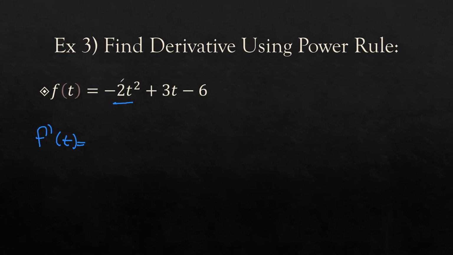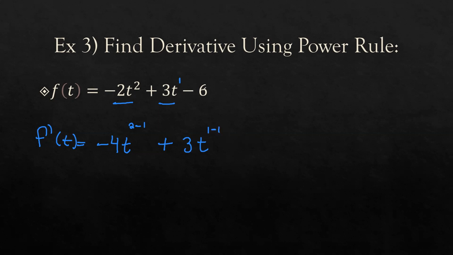It's going to be negative 2 times the power, which is 2, so negative 4. And then the new power is going to be 2 minus 1, or really 1. Plus the derivative of 3t: this does have power 1. It's 3 times 1, which is 3t, and then the new power is the old power minus 1.